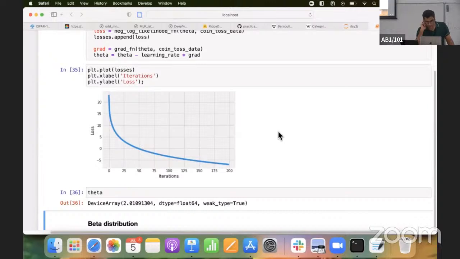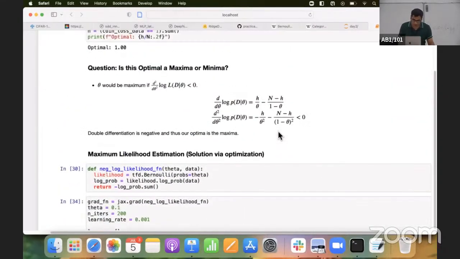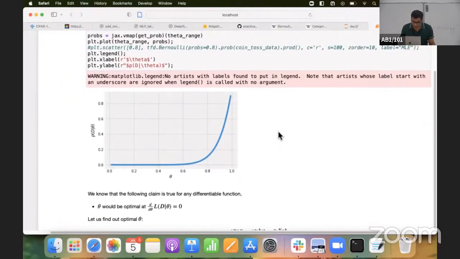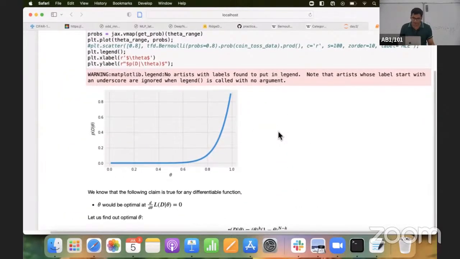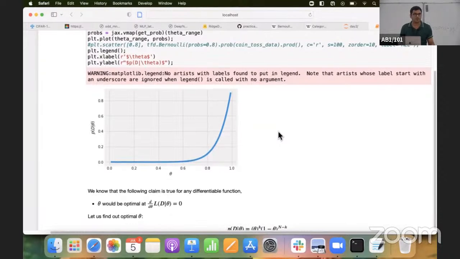So in this case, we're just looking at the maximum likelihood estimate, right? And we've just considered the data. We have a loss function, which we are trying to maximize. So I think this is behaving like an ill-behaved loss function, right? Indeed, in this case, if you see this curve, it seems to be a function which is going continually up.